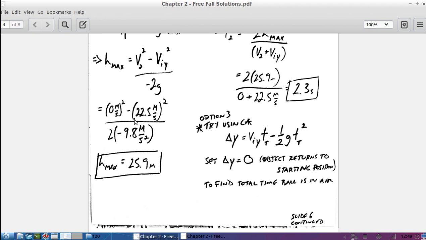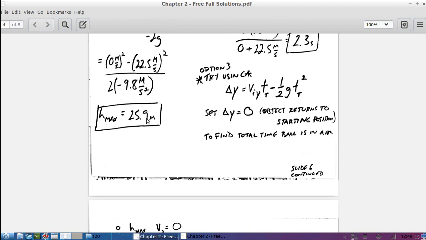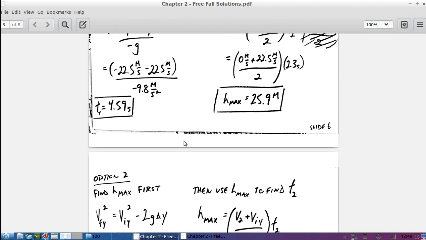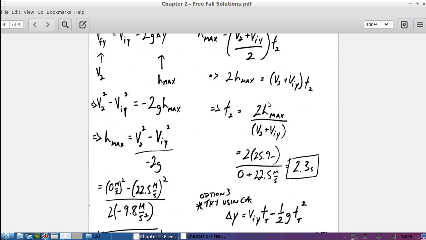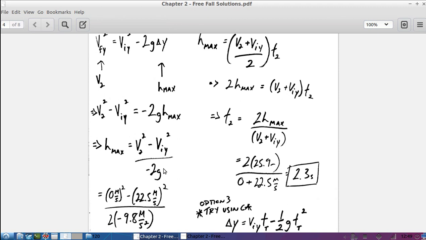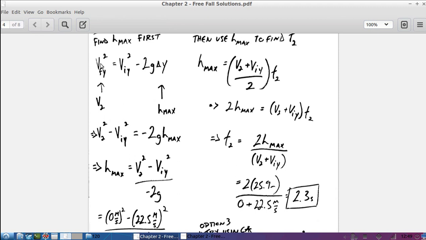I'm substituting positive 22.5, squaring that, and that negative sign survives, so don't square that negative sign. I get a positive vertical displacement, 25.9 meters. Is that the same thing I got in option 1? Yes, it is. So I still get the same max height by picking a final velocity of 0.